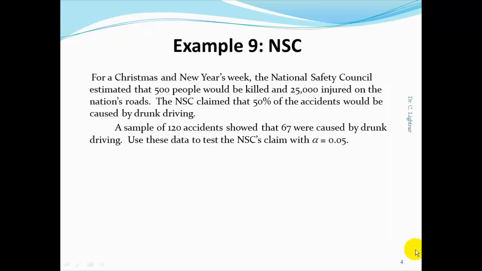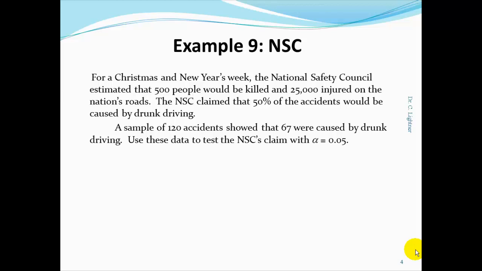Since we have already had a lot of practice conducting hypothesis tests, let's dive right into doing a hypothesis test example for proportions. For a Christmas and New Year's week, the National Safety Council estimated that 500 people would be killed and 25,000 injured on the nation's roads.